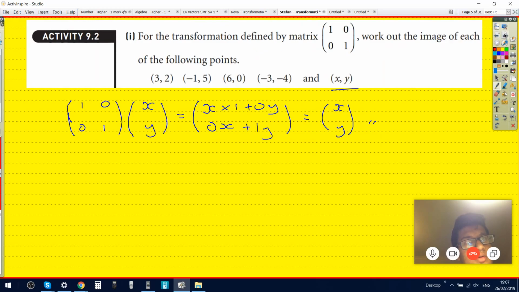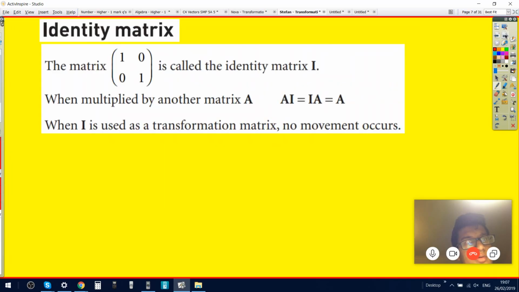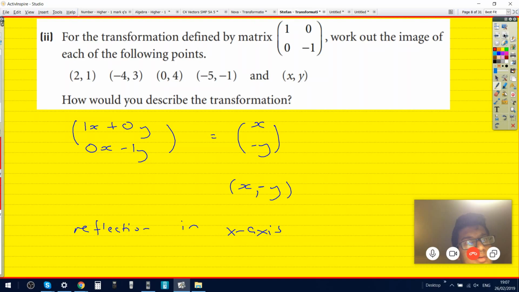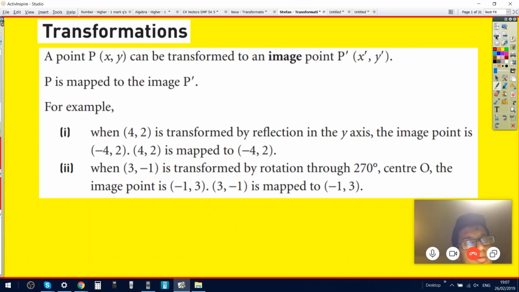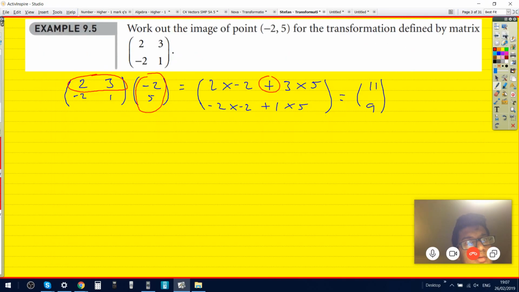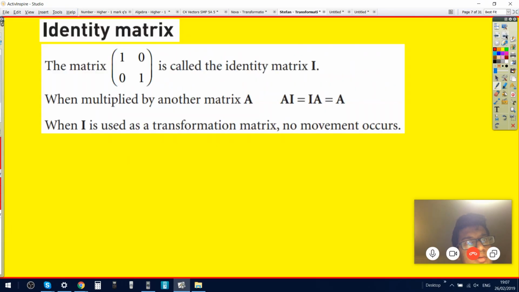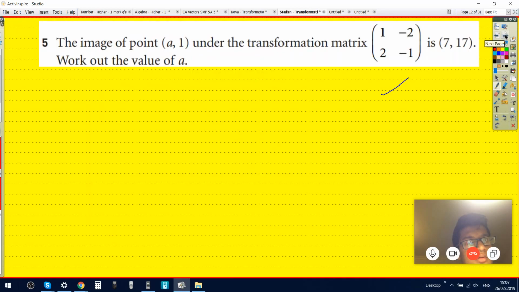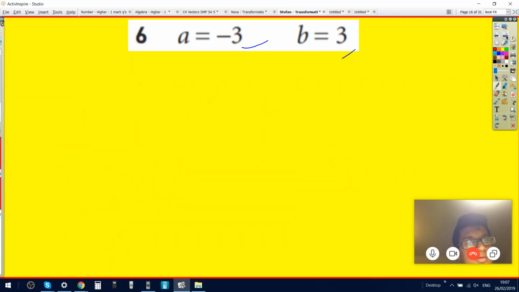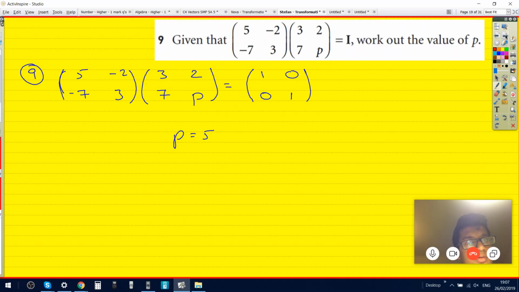So for a double bracket, we don't have much on double brackets. I'll just see if I have one somewhere. So it's mostly single. So here's a double one.